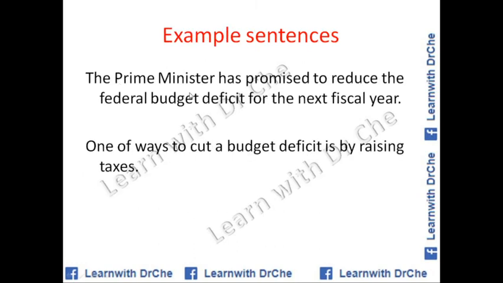Example sentences: the Prime Minister has promised to reduce the federal budget deficit for the next fiscal year. Fiscal year is a very important word. You can talk about fiscal year when you are talking about government or business in the next fiscal year. One of the ways to cut, instead of saying reduce, to cut a budget deficit is by raising taxes.